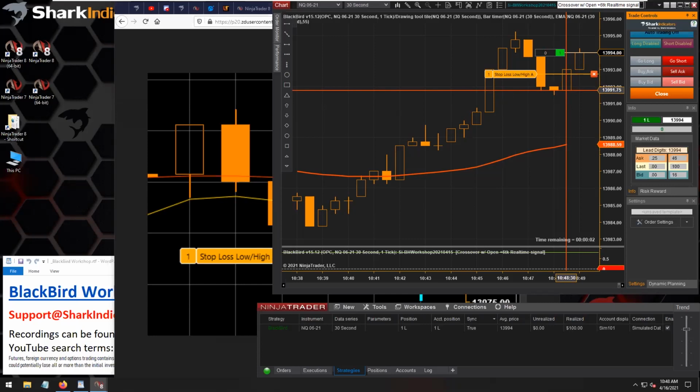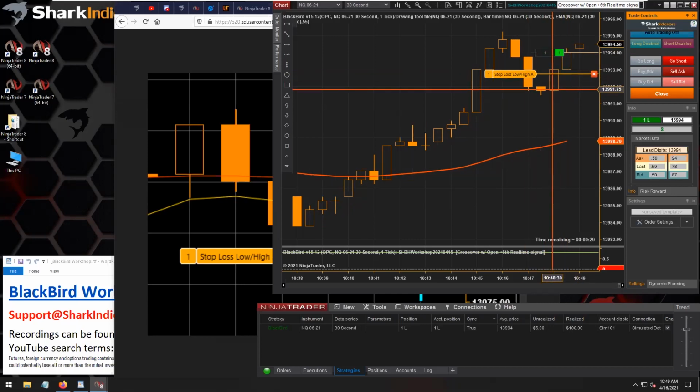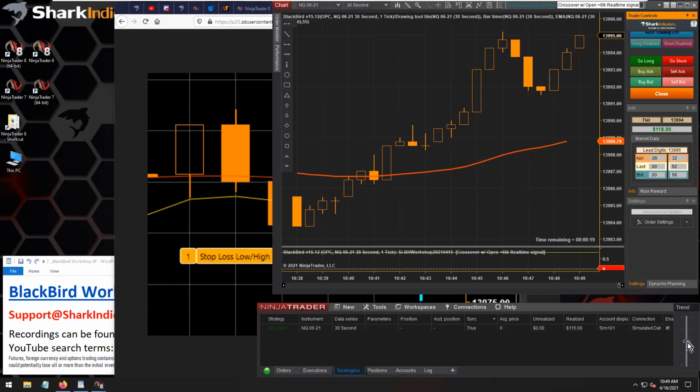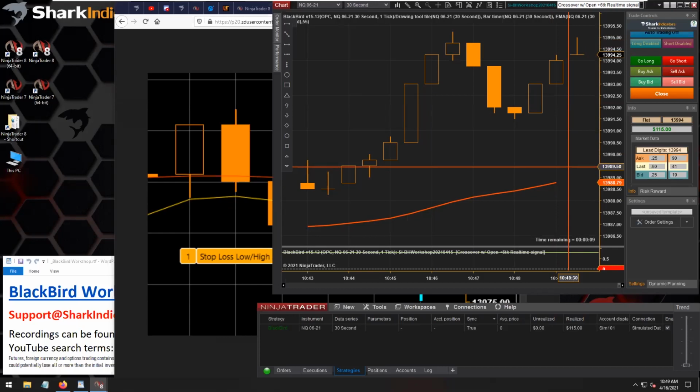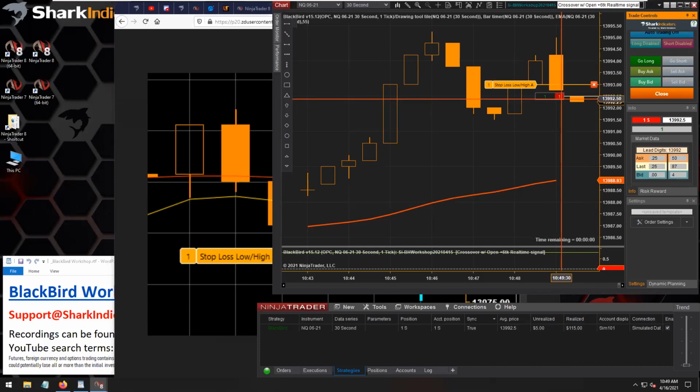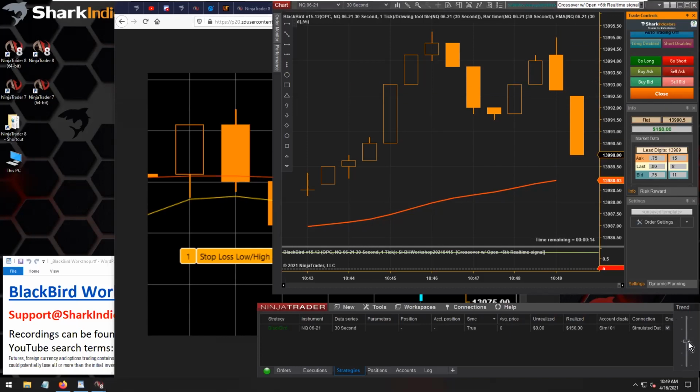I at least was able to see the stop loss started at the low for a split second and then moved up to the close minus a tick. There we go. So there was a short. All right, started at the high and then went down to the close plus a tick. Do that one more time. Yeah, sometimes that's happening so quick, you can't even see it.